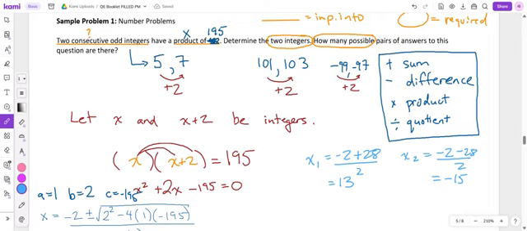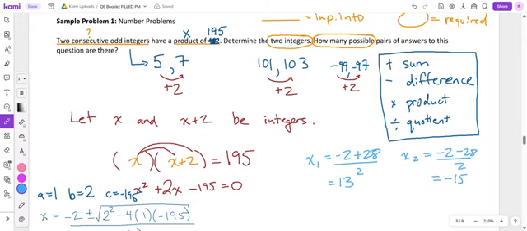Do you know why we have 2 answers? Because it's a quadratic. It's not a linear equation, right? When we do linear, we have one answer, because how many times does a line cross the x-axis? How many times does a parabola cross the x-axis? So that's actually part of it, guys. There's 2 solutions.